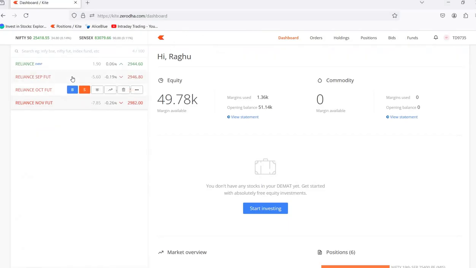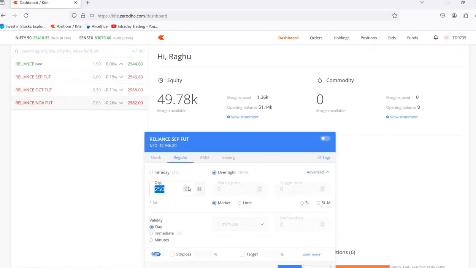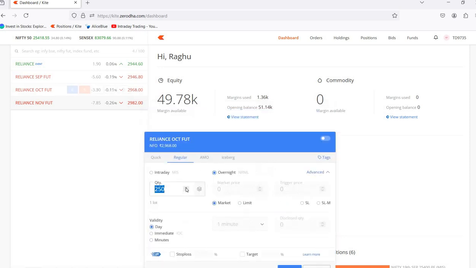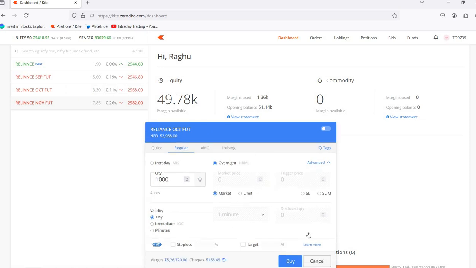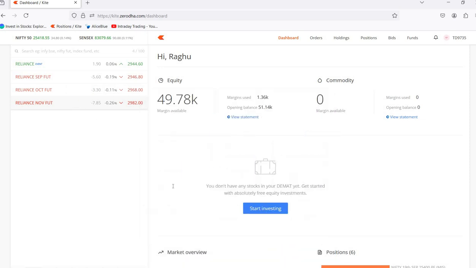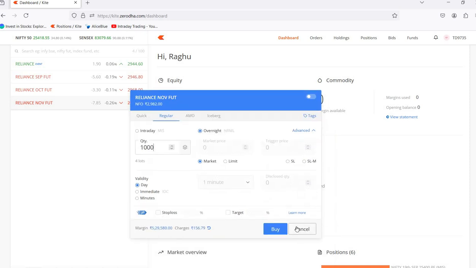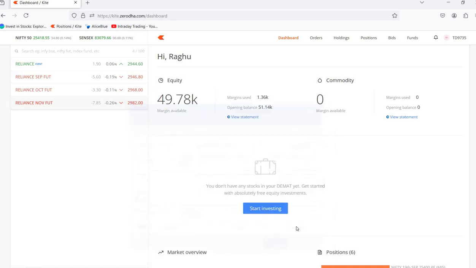Let us see this. You need 5,23,000 in September, for October you need 5,26,000, and for November you need 5,20,000. So the margin is almost the same. It's a difference of 3 to 4,000. That's not a big issue.